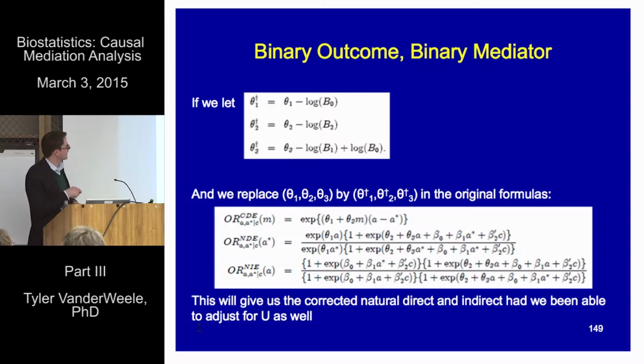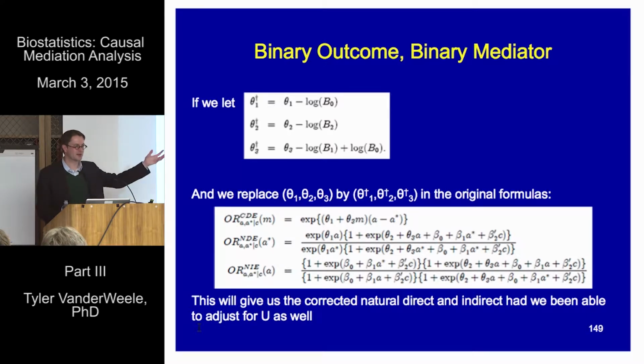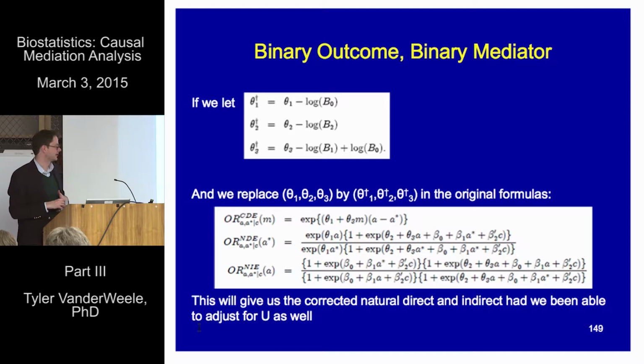Once we've got those corrected parameters, we can plug them into our formulas for the direct and indirect effects. So this is a little bit more involved. We have to specify the parameters, calculate the bias factors, get corrected estimates for our theta coefficients, and then plug them into the formula. But this will then give us corrected estimates for natural direct and indirect effects.